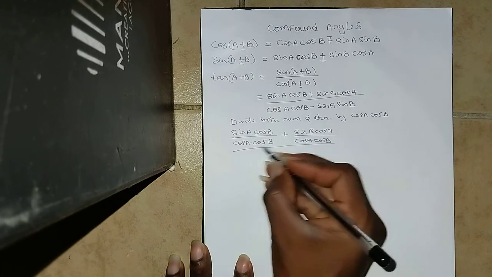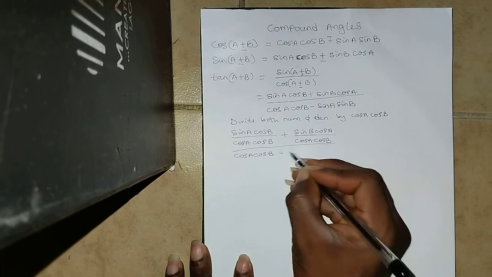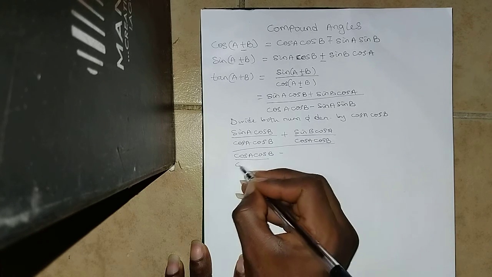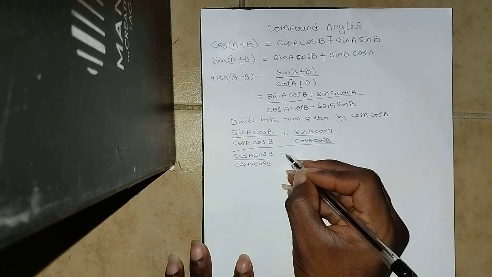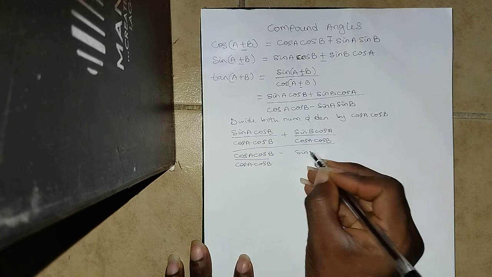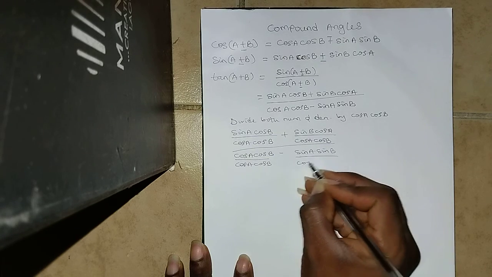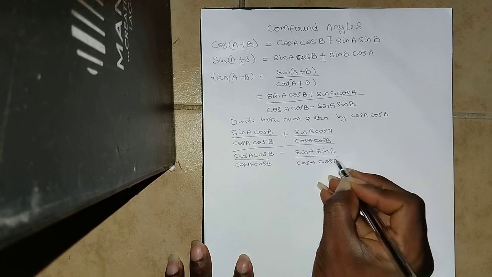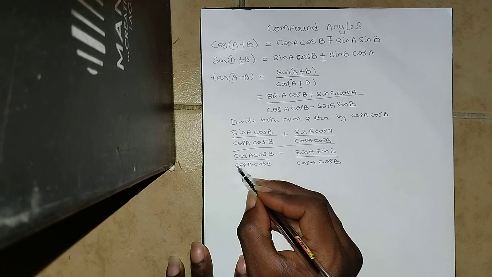Now for the denominator side, I have my cos A cos B divided by cos A cos B, minus sine A sine B all over my cos A cos B.